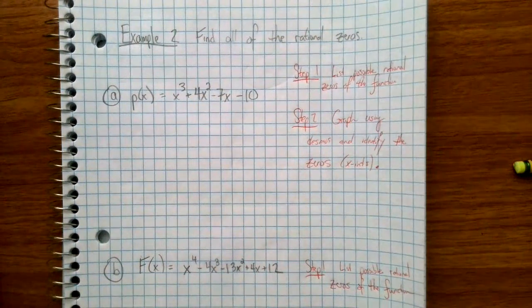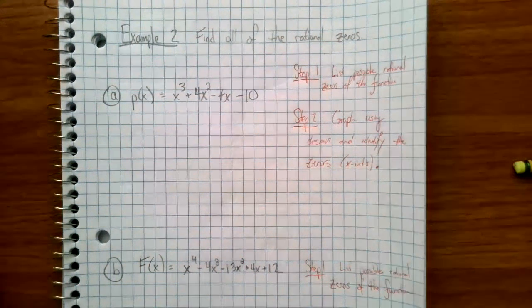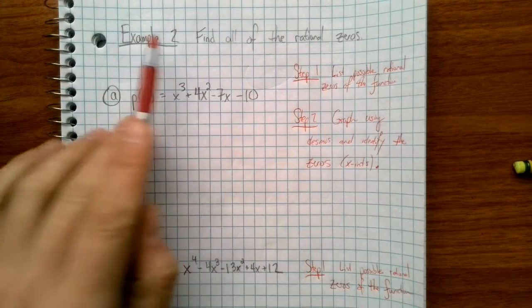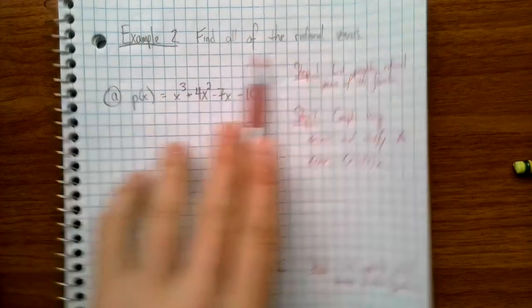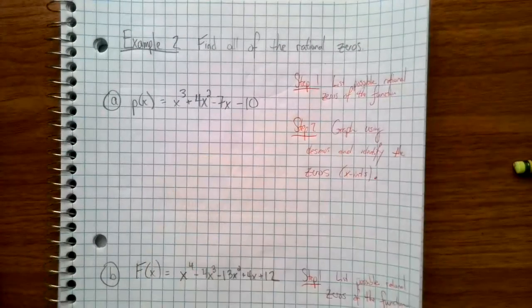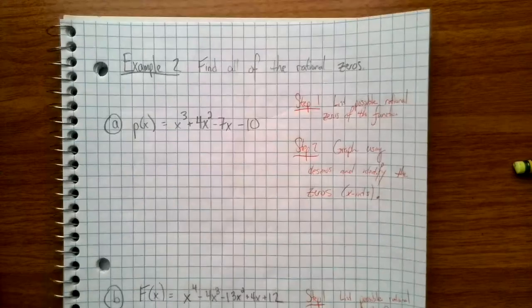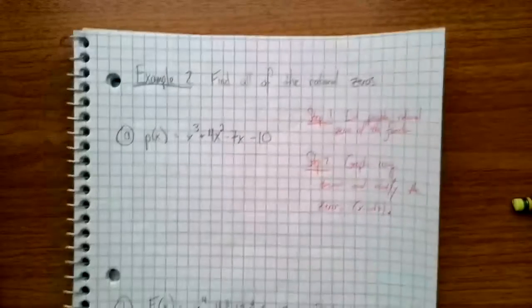The next thing that we're going to be asked to do is to move from listing what the possible rational zeros are to finding what those rational zeros actually are. So we're shifting from what are the possible zeros to what actually are the zeros of this function. Fortunately for us, this is a pretty straightforward process.